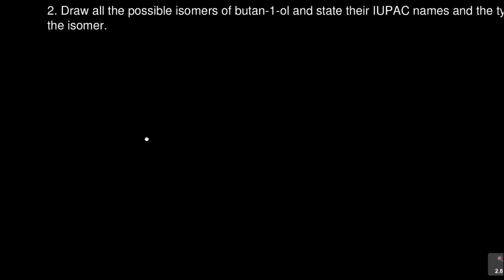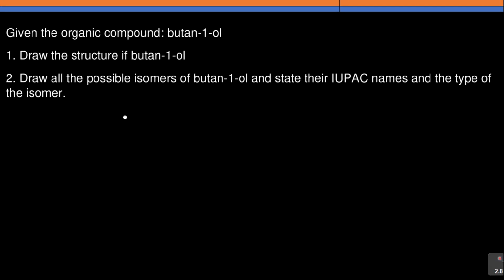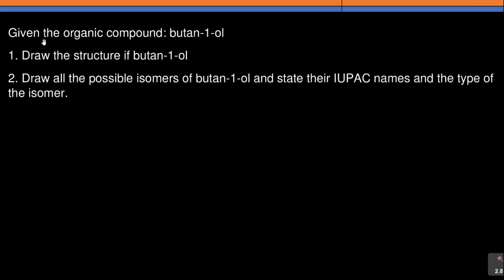Here, what does it say? It says here, given the organic compound butan-1-ol, draw the structure of butan-1-ol. So how will you draw the structure? Butane is 4. 1, 2, 3, 4.